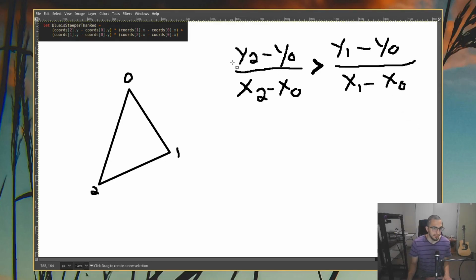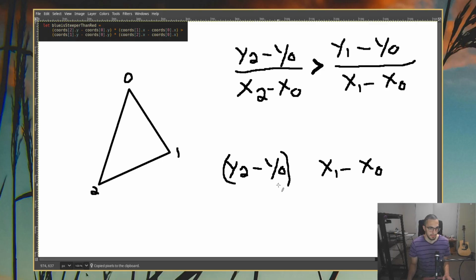Now we're going to cross multiply. So we're going to take this part and multiply it by this. Put some parentheses around these to make it a little less confusing.